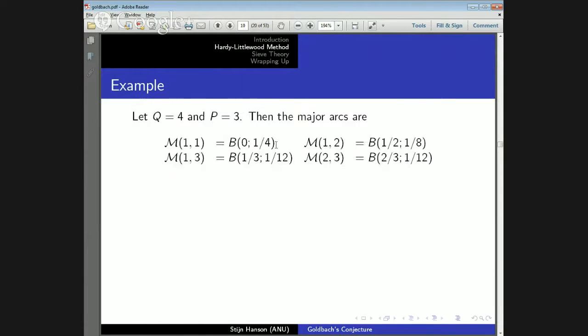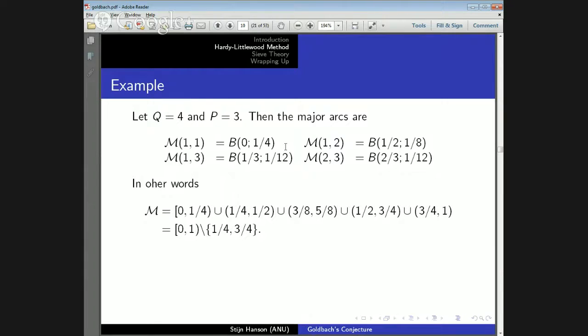So we get, this is notation for the ball about 0 of radius a quarter. What you have to think is we're taking the first point to be a point on the circle, and then we're going a quarter in either direction. And similarly, we get m of 1, 2 as being this thing, and the other bits come out very similarly.